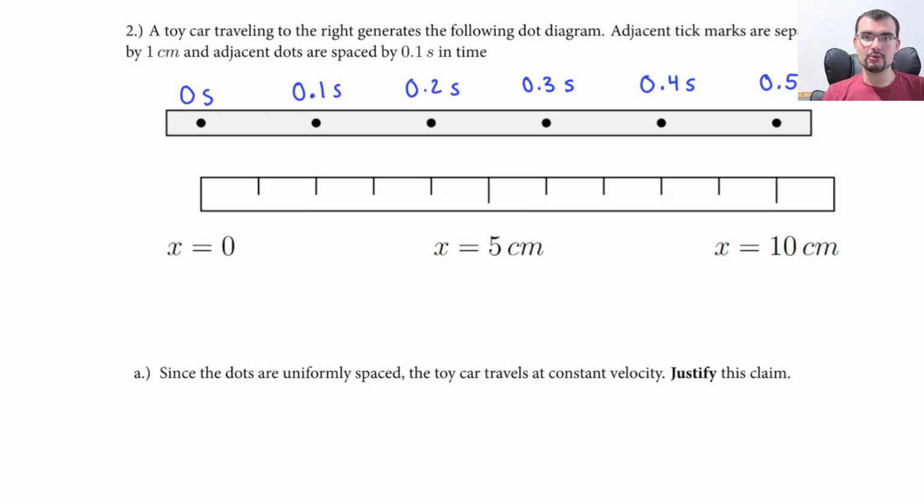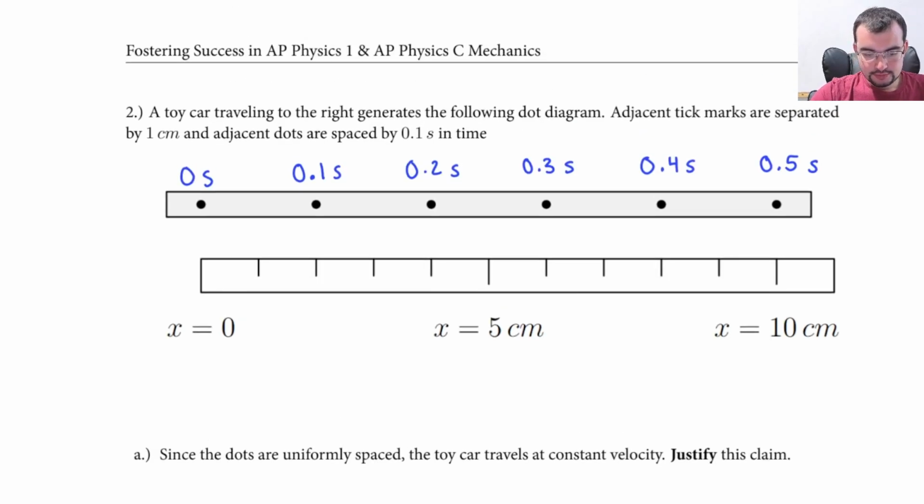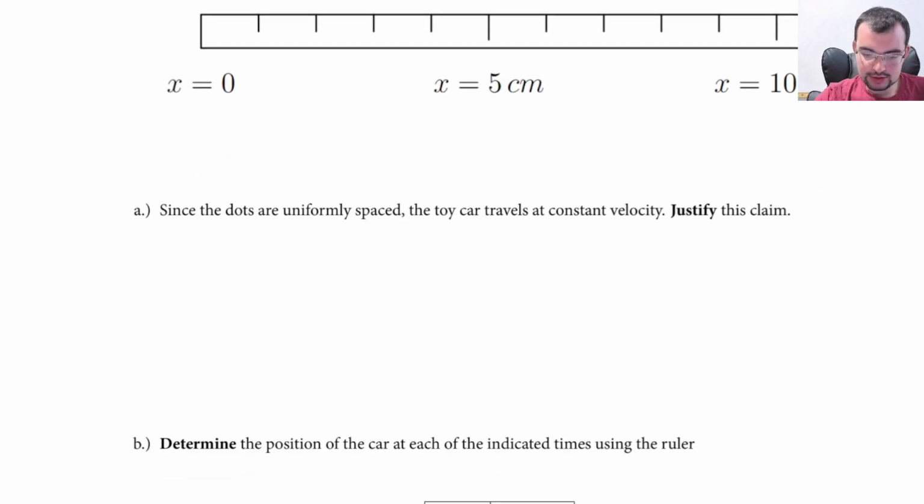So we made the claim on the other page that since the dots are uniformly spaced, this means constant velocity. Why is that true? So it definitely has to do with the distances being the same, right? Because we know that velocity in the case of 1D would be delta x over delta t.